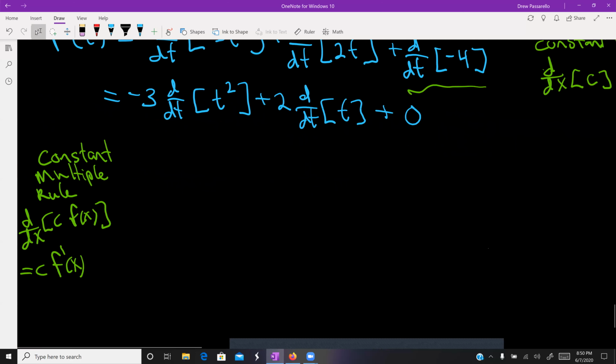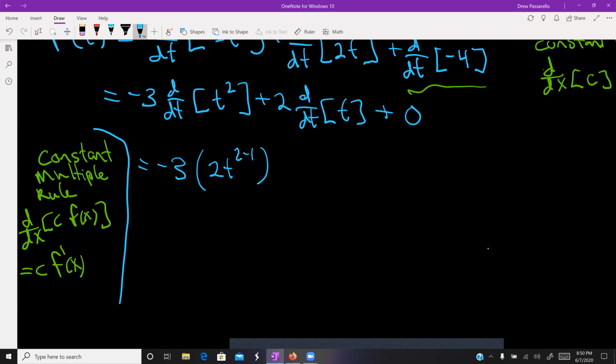Now this will be equal to negative 3, and now I take the derivative of t squared. For t squared, I'll use the power rule. So it'll be times 2t to the 2 minus 1, using the power rule.